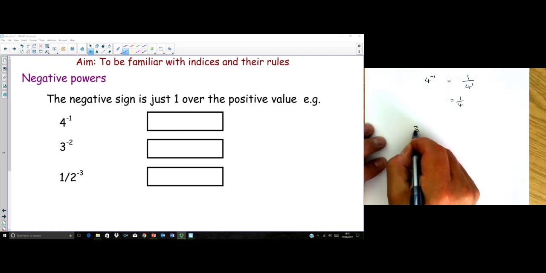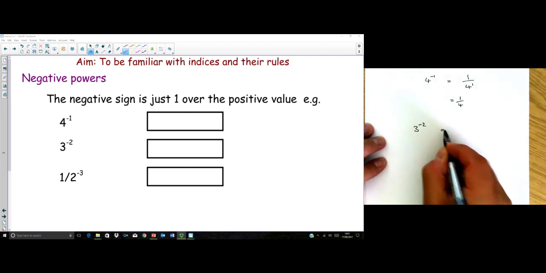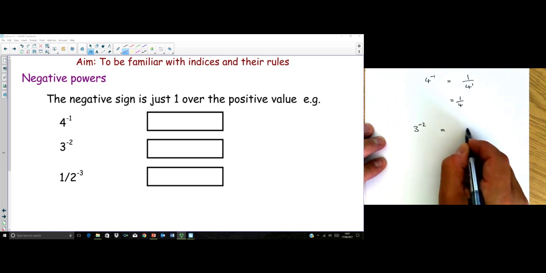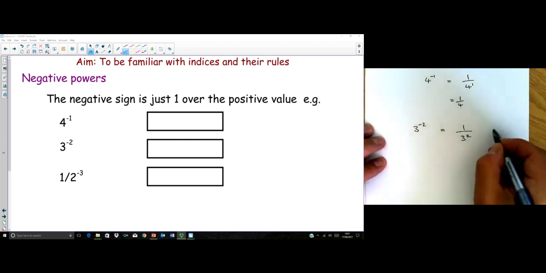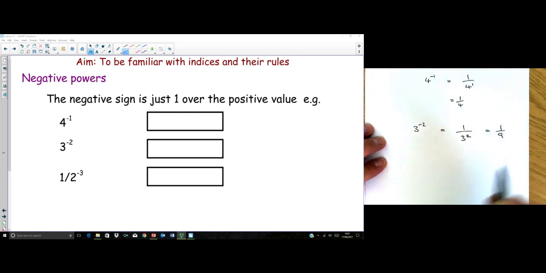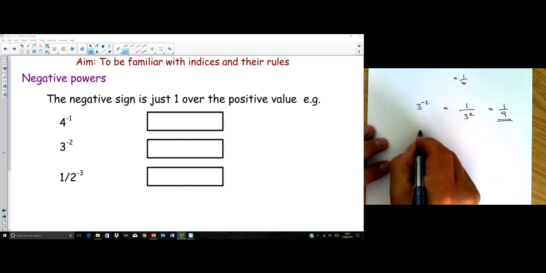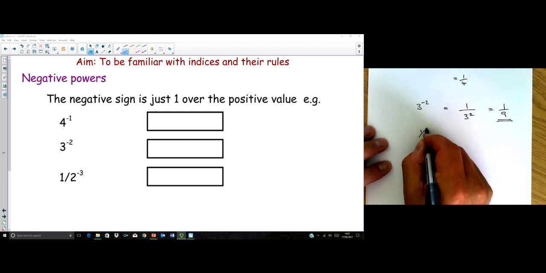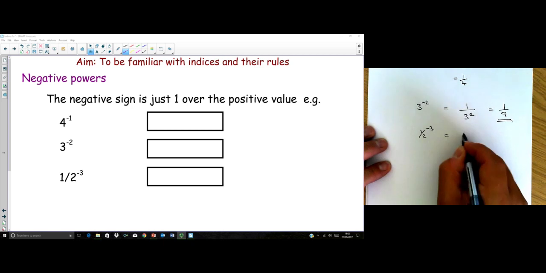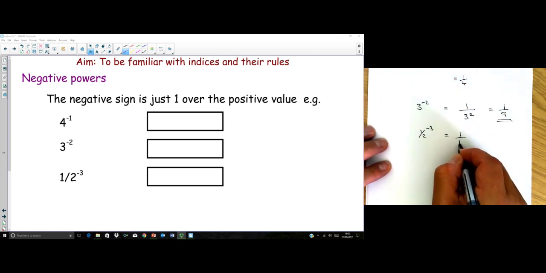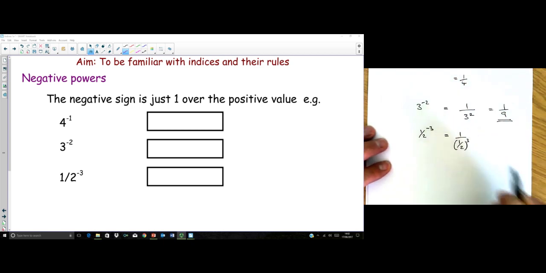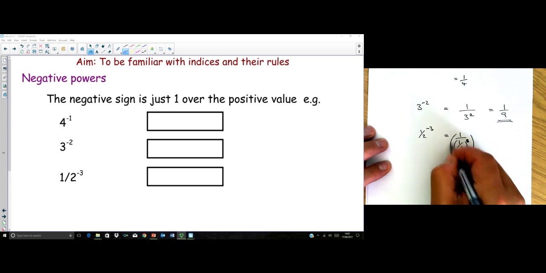You've got 3 to the minus 2. Now the minus sign just means 1 over, so that's 1 over 3 to the 2, which is the same as 1 over 9. That's your answer. And a half to the minus 3. Well, that's 1 over a half to the 3.